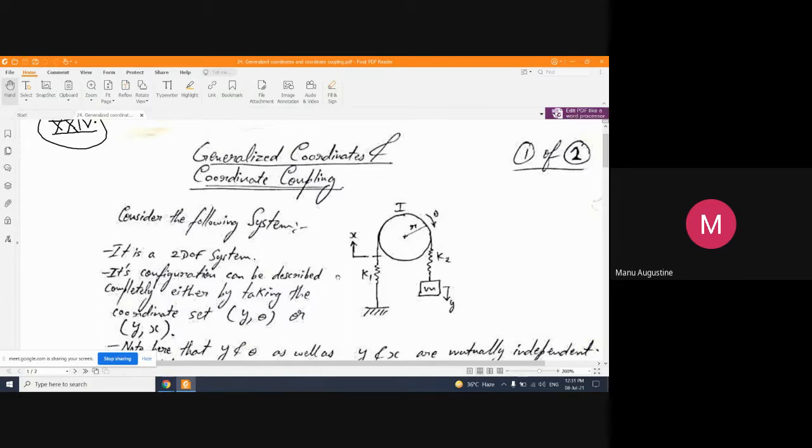So if I reiterate the definition, degrees of freedom are actually the number of mutually independent coordinates that one would need in order to specify the entire configuration of any dynamic system at any given instant of time. And generalized coordinates are also the same.